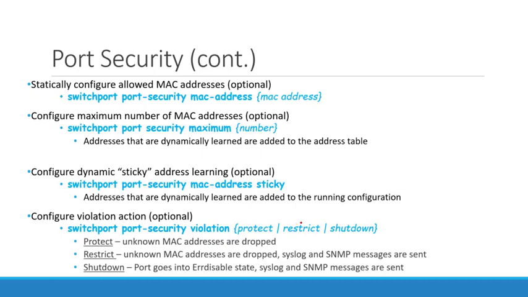So what are my optional ones then? The first one I look at is I can statically configure allowed MAC addresses. This could be an administrative headache in a sense, and we have a compromise in between there. But let's say I've got a server on that interface. Maybe off of some major switches, I run a few servers. I know that that is the only MAC address that I want to have seen.